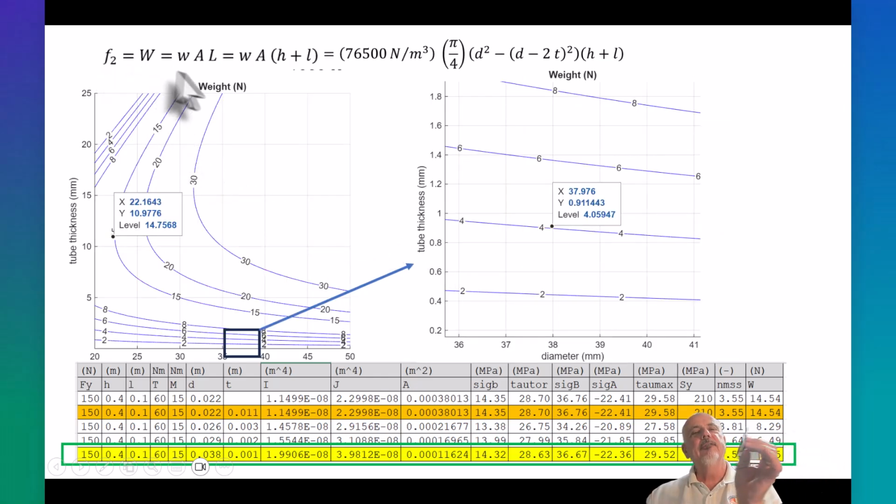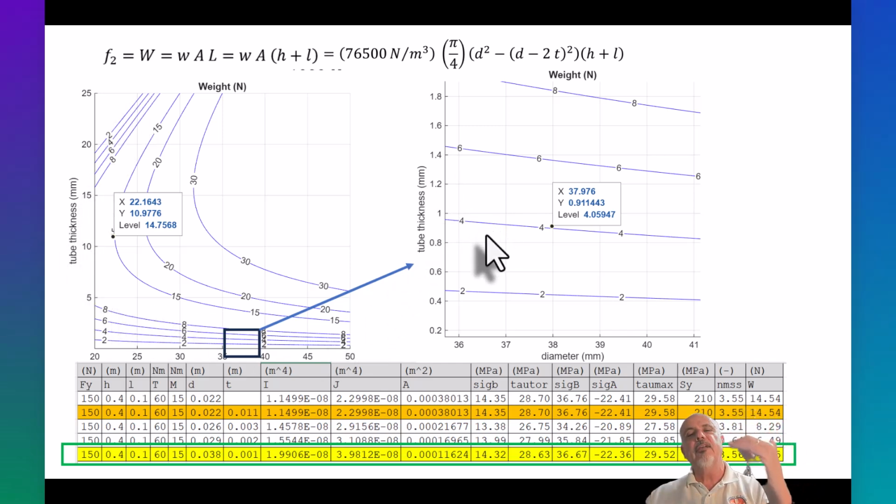So F2, I've got my weight, and you can see how I've given the weight function here, F2. You can see the same kind of thing where there's going to be a slope, almost the same shape of curves, interestingly enough.